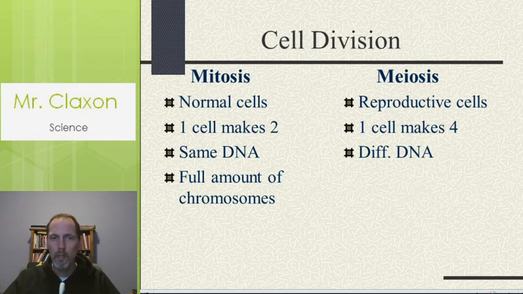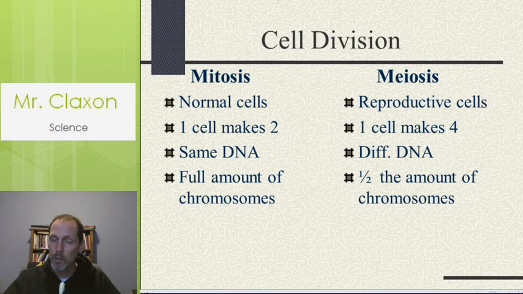If you compare the number of chromosomes, the full amount, we call a diploid. If you look at meiosis, they end up with half of the chromosomes. And again, the whole reason to make cells with half the chromosomes is so that they can combine with another reproductive cell. And then the two halves come together to make the whole. So I hope that makes sense to you. And as far as cells, they call this reproduction.